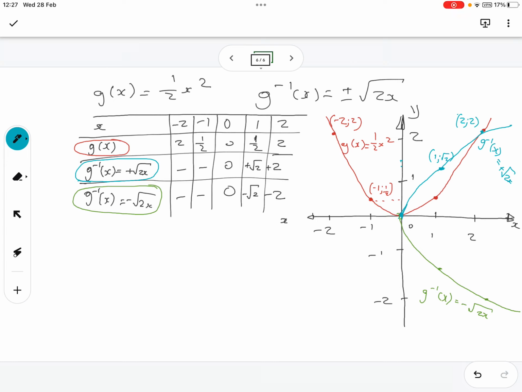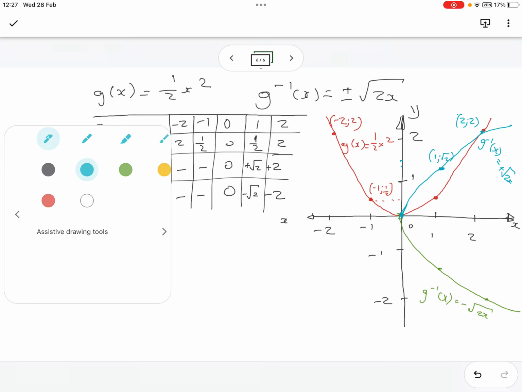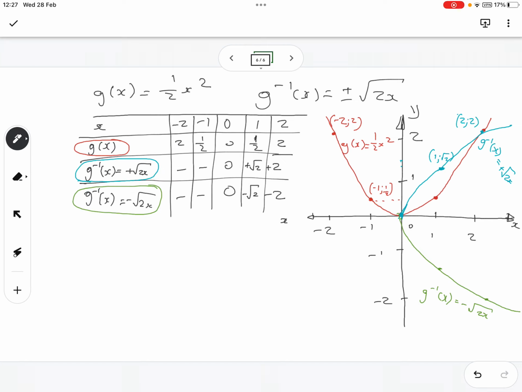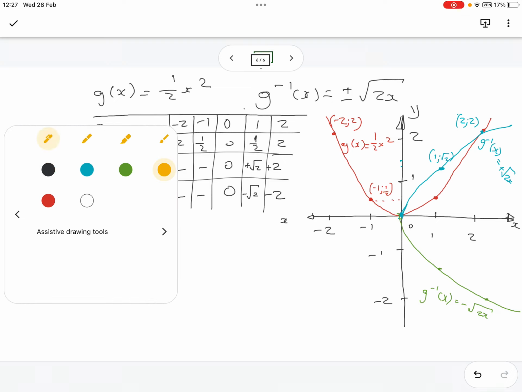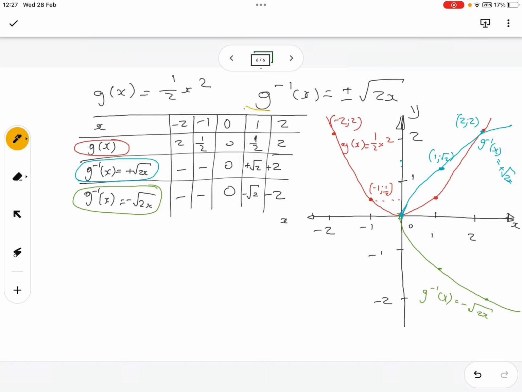So now we must answer real tough questions. They want answers here. So we've drawn g and g inverse on the same set of axes, right? Is g inverse a function? So in other words, is this a function? No. Why?